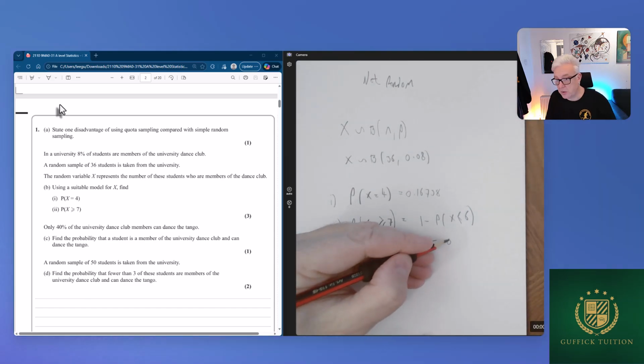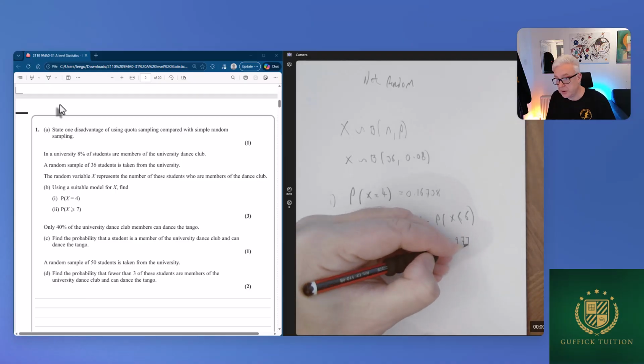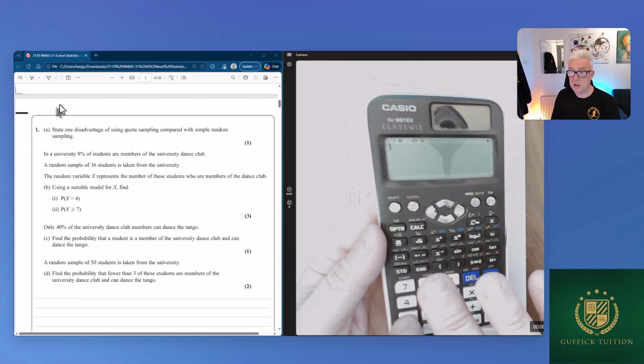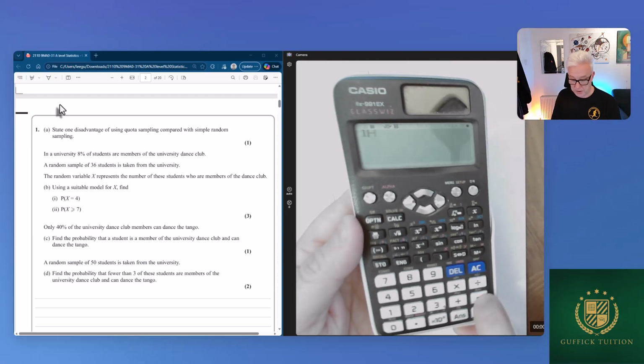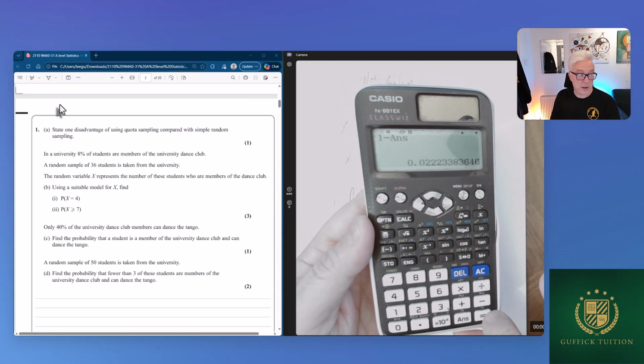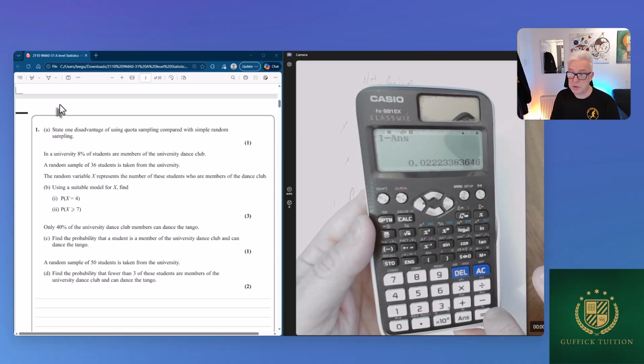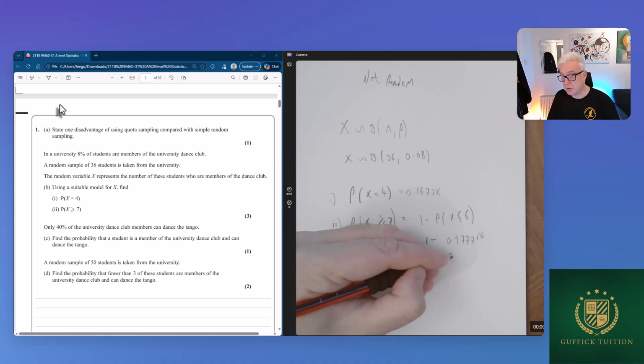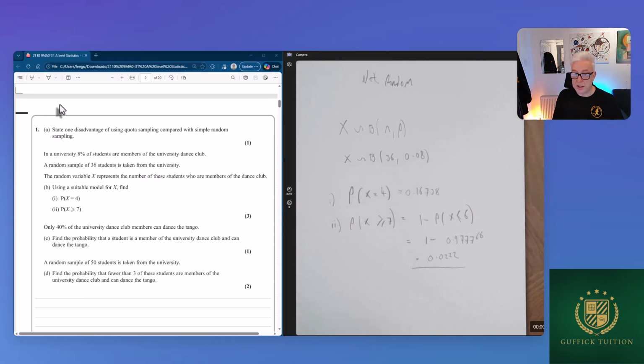So it's 1 take away 0.977766. So let's work that out. I'll just go to here, and I'm going to do 1 minus answer, and I get that that is 0.0222. Okay, that's the answer to part B.